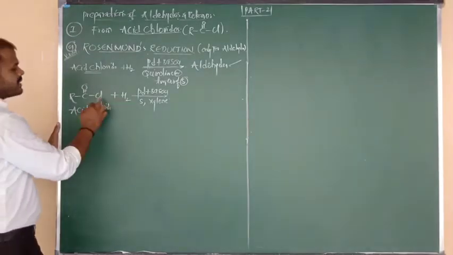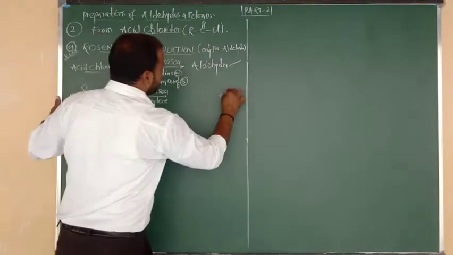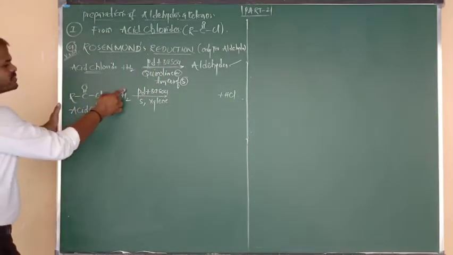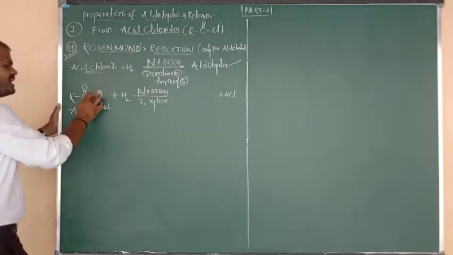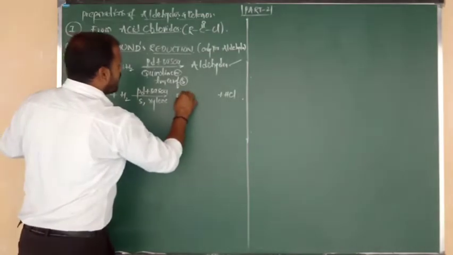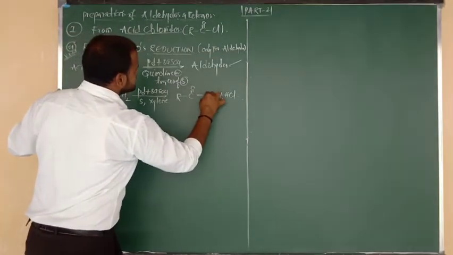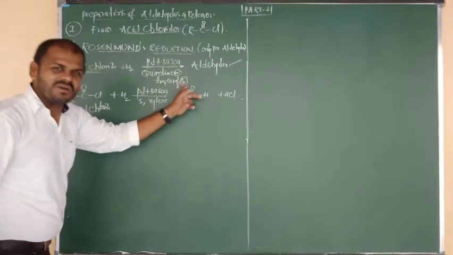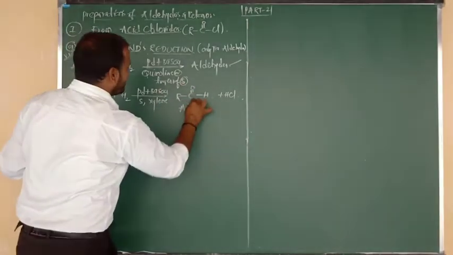So one hydrogen combines with Cl and is eliminated in the form of HCl, and the position of Cl is replaced by one more hydrogen. Simply addition of hydrogen takes place, that is the reduction. So what is the formula? R bonded to C double bond O, C double bond O bonded to H. R C H O. What is the name of this compound? Aldehyde, beta.